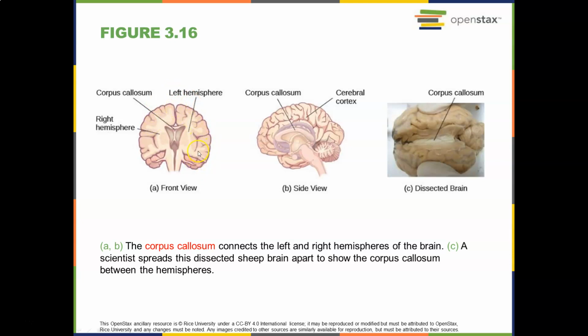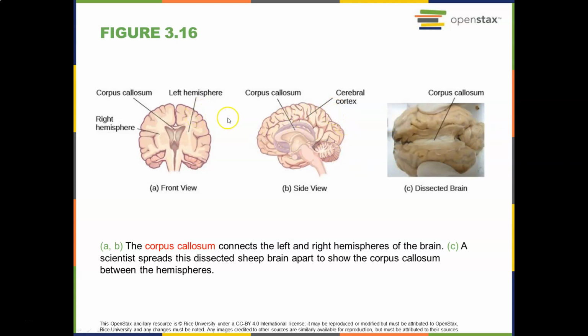What's important to understand is that both of those hemispheres are connected by a little area right here, called the corpus callosum. This is the area of nerve fibers that allows the two hemispheres to communicate with each other and work together.